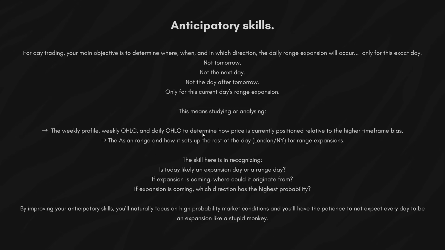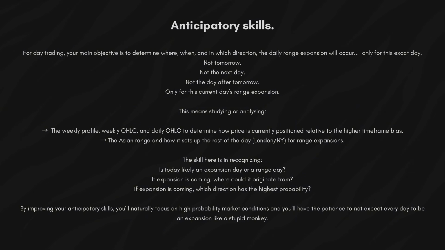If you don't understand that distinction between expecting and anticipating weekly range expansions and daily range expansions, you will end up trading low probability conditions on the wrong days, and you'll end up forcing setups or trades on days where price isn't even meant to expand. That's exactly where unnecessary losses come from.